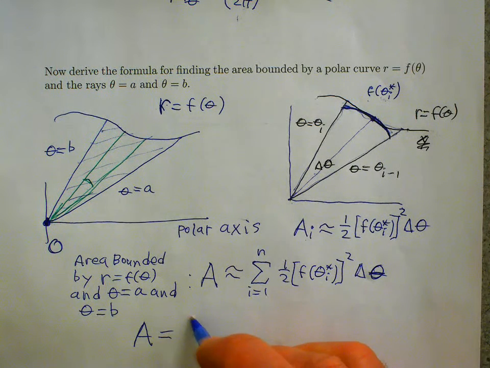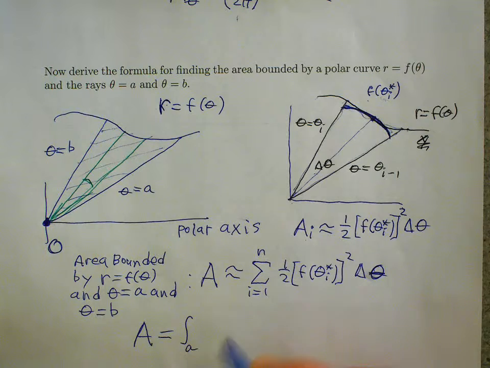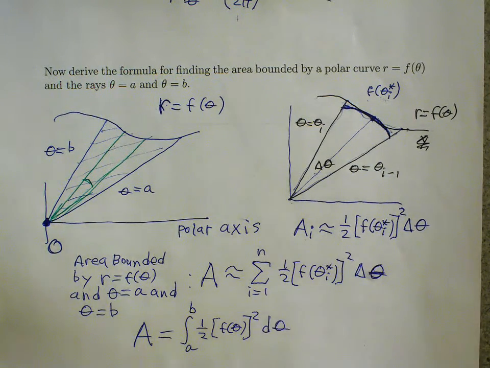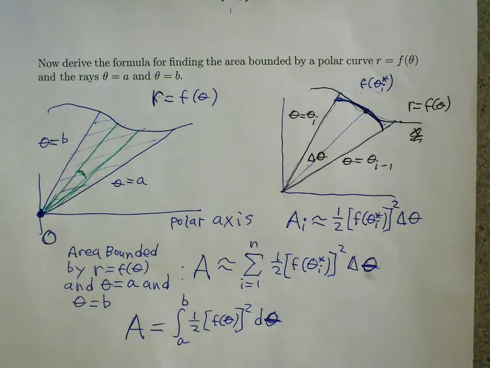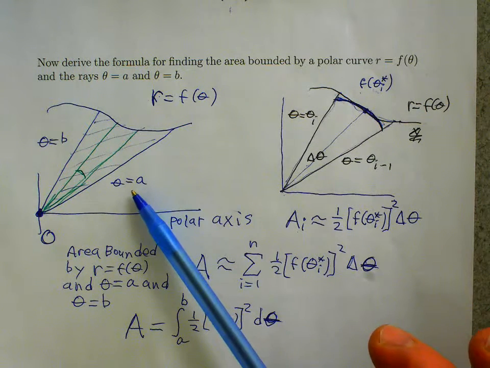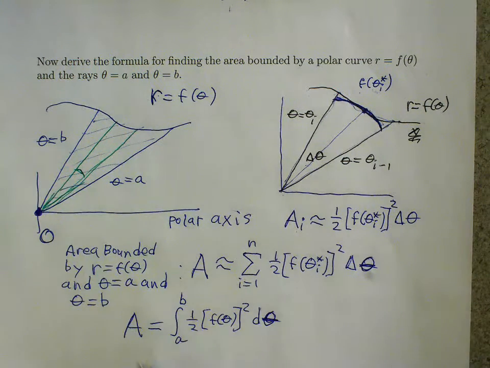It's the definite integral from theta equals a to b of 1/2 times the square of f of theta d theta. Okay, that's our formula for finding the area of a region bounded by a polar curve between two rays, theta equals a and theta equals b.